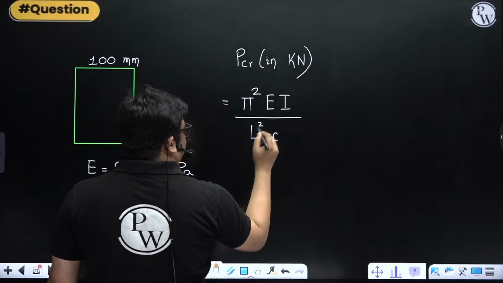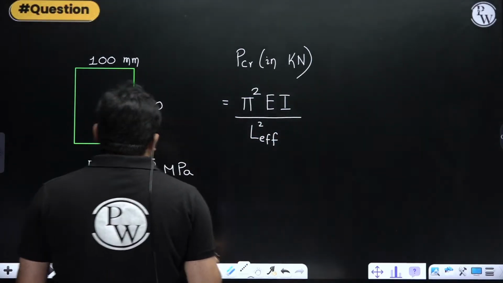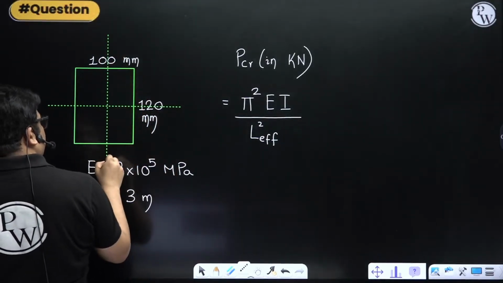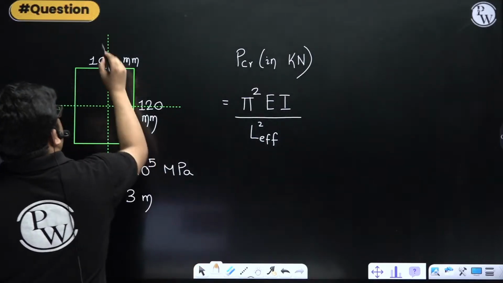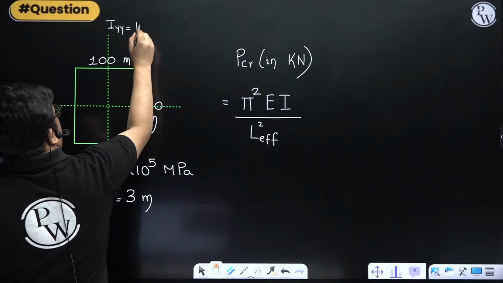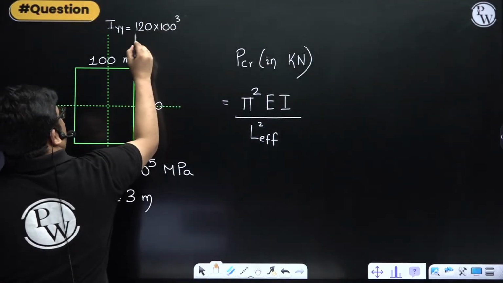Here we have two axes, right? One is this axis and one is this axis. If I find out the I about the YY axis, it will be dB cube by 12, so 120 into 100 cube by 12.